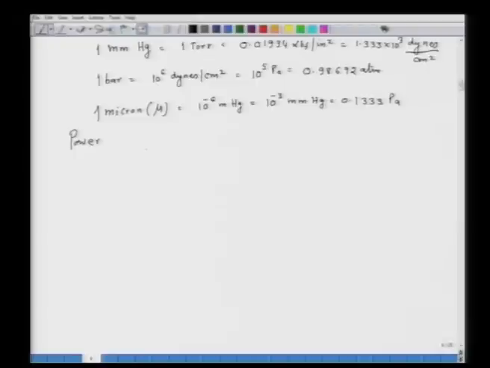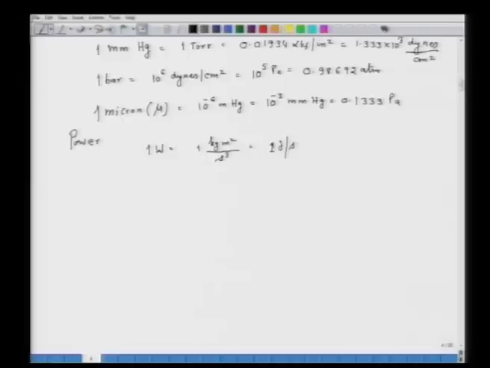So, power. Let us say 1 watt is equal to 1 kilogram meter square upon second cube, and that is equal to 1 joule per second.